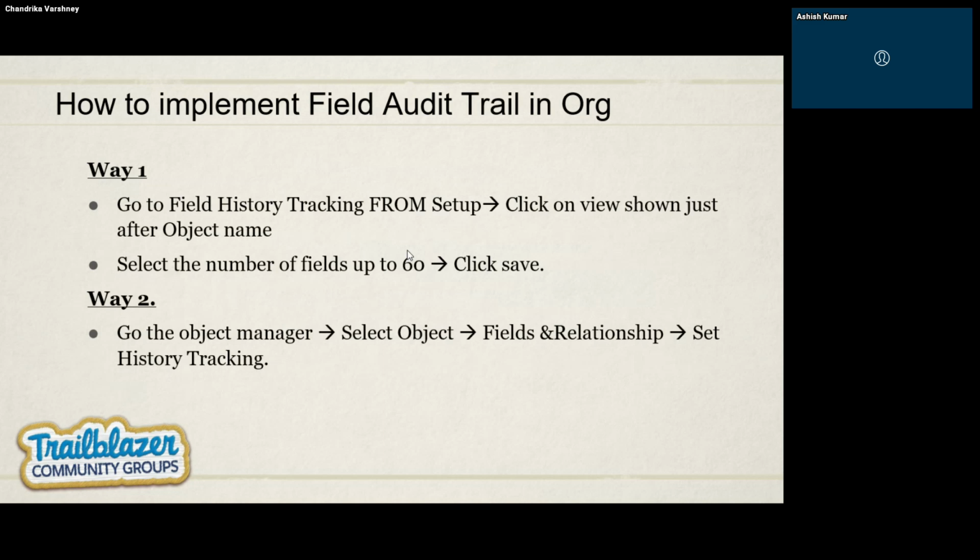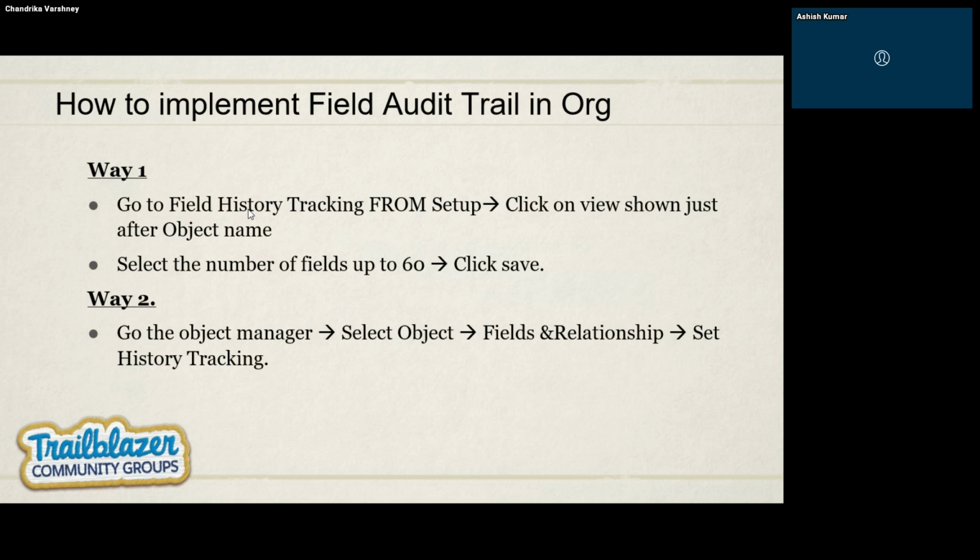So, how do you implement Salesforce field audit trail in your org? There are two ways. First, go to field history tracking from Setup, click on the object name, select the fields, up to 60, and click save. Then for all the fields on which you have applied field history tracking, the history data will be stored.